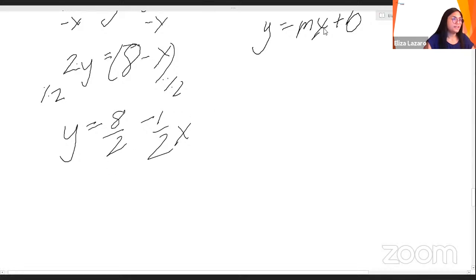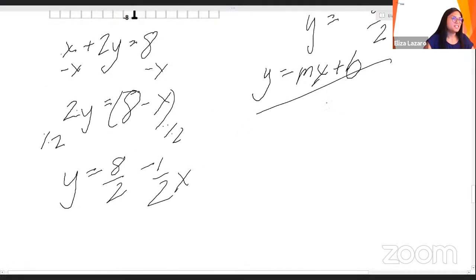I'm going to simplify and rearrange it to look like this: y equals negative 1/2 x, that's going to be our m, our slope, plus 4, because 8 divided by 2 is 4.